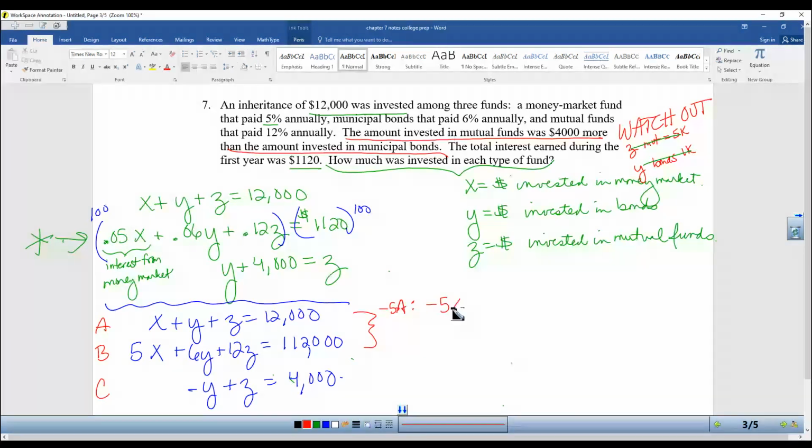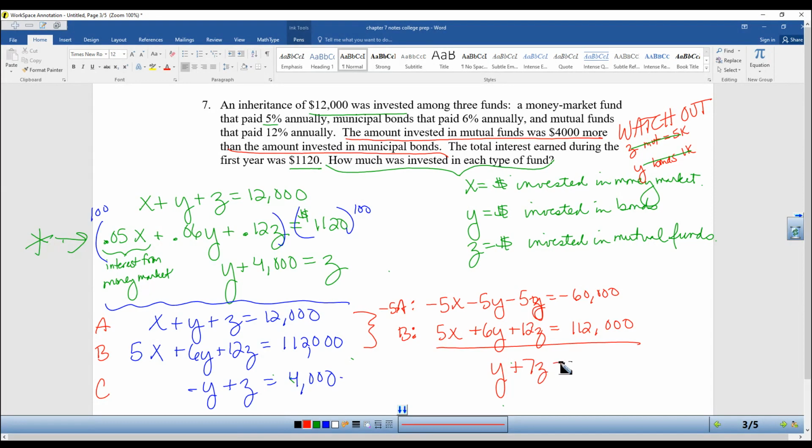So that gives me negative 5x minus 5y minus 5z is equal to negative 60,000. And then I put that with b, which is 5x plus 6y plus 12z is equal to 112,000. And then when I add those up, I get y plus 7z is equal to 112 minus 60, which is 52,000.